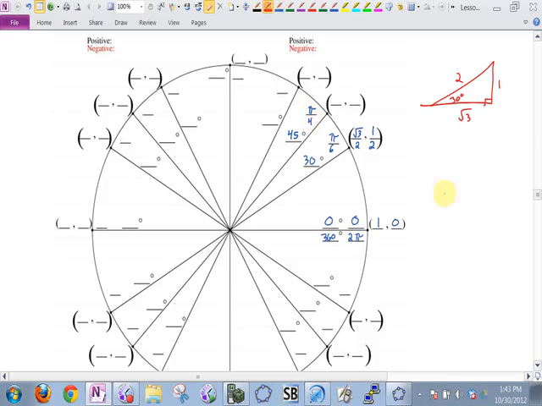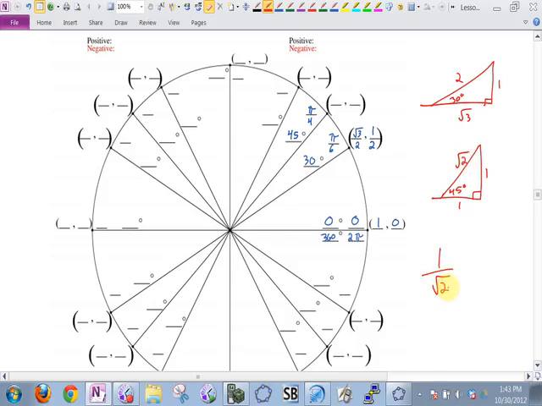I would highly recommend you refer to your 9th grade days of the 45, 45, 90 triangle, which you probably drew like that. 1 and 1 for the legs, radical 2 for the hypotenuse. What is the cosine of 45 degrees? 1 over radical 2.